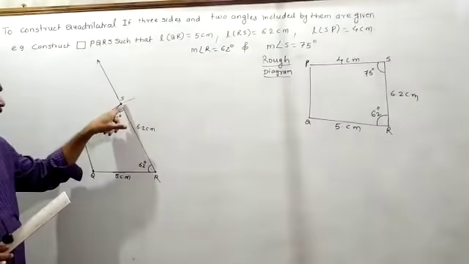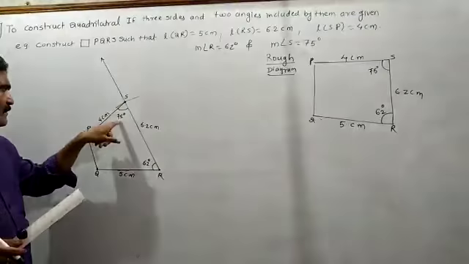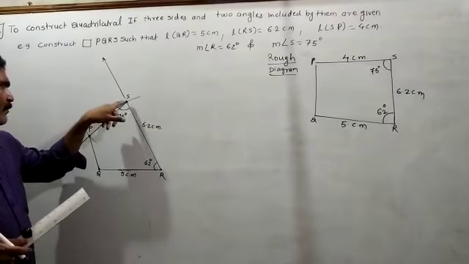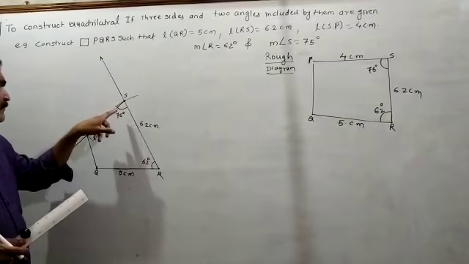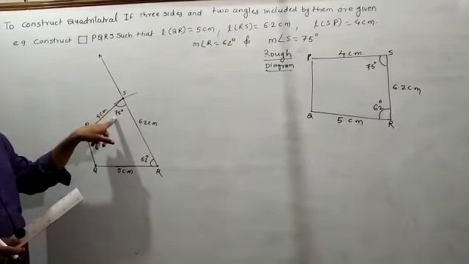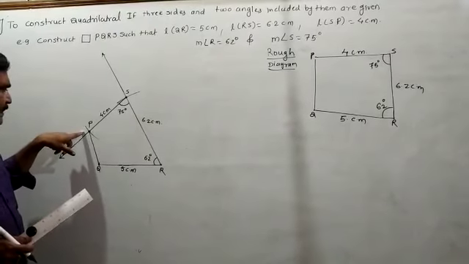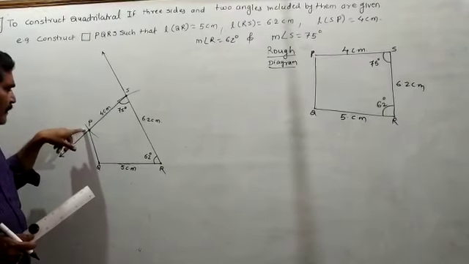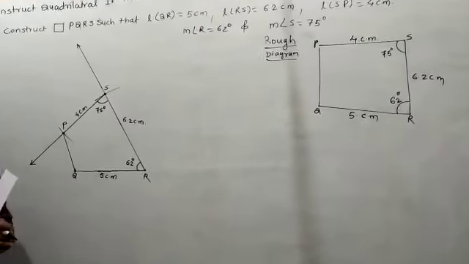This point is S. At this point S, make the angle of 75 degree. Once you make the angle of 75 degree, take the distance of 4 centimeter and make the arc. This point is P, and after that join the points P and Q. In this way, you have to construct the quadrilateral.